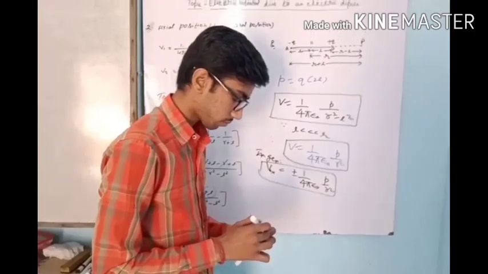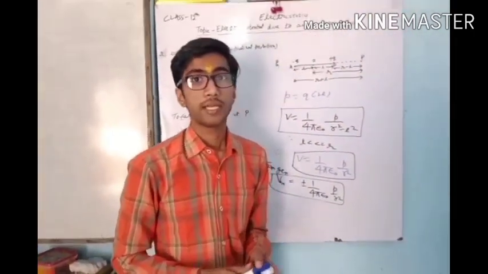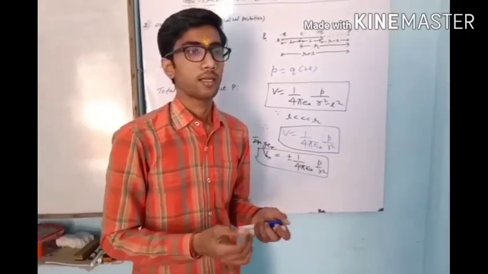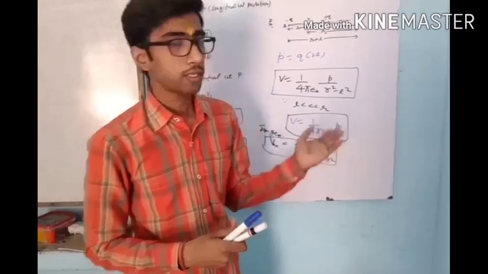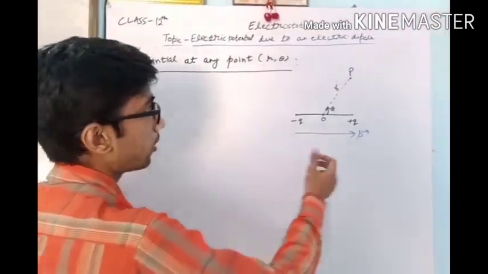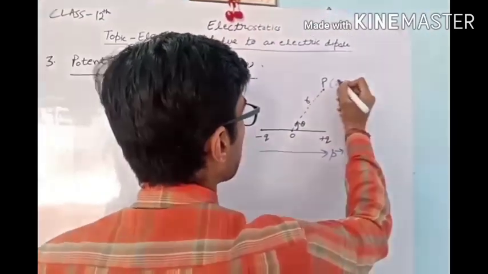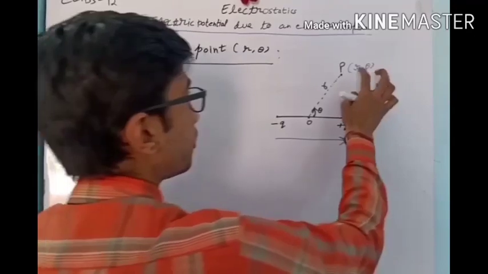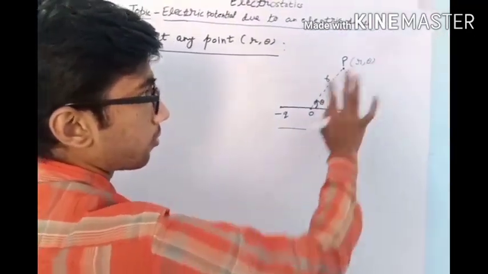Now next, you can find the electric potential at any general point in this space. So let me do it. We find the electric potential at point P, with coordinates r, theta in the planar polar coordinate system.